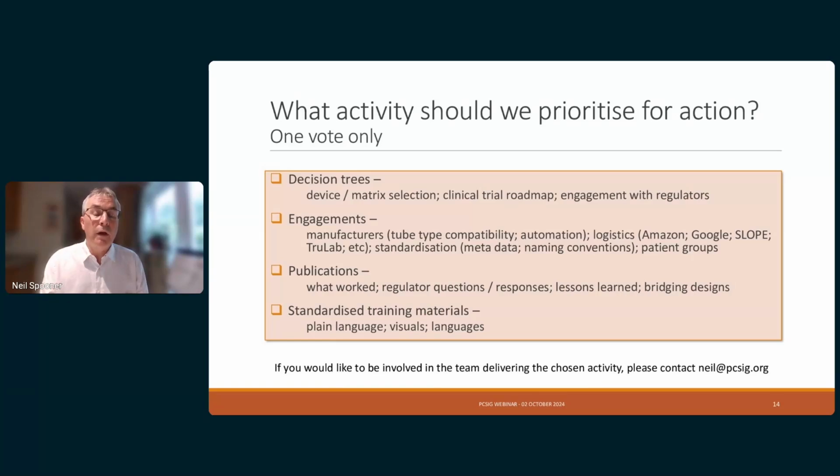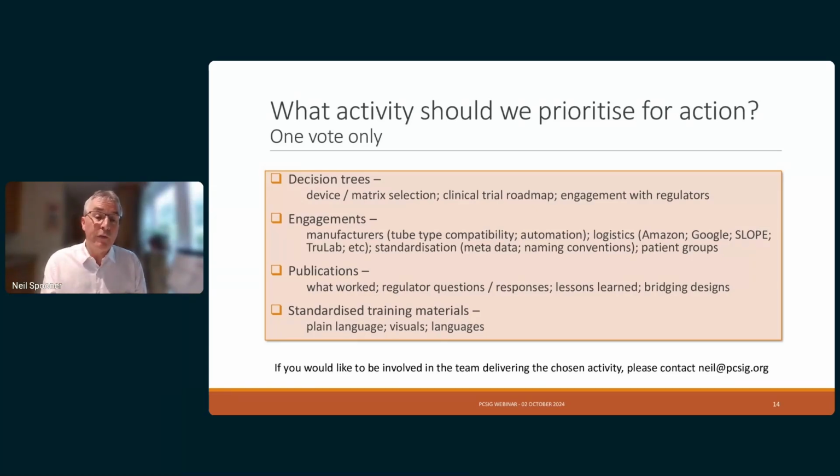The third one is on publications, people sharing their experiences of what has worked for them in patient-centric sampling, incorporating patient-centric sampling into their clinical trials, what kind of questions they've had from regulators, what kind of responses they gave, what kind of lessons they've learned, what a bridging design might look like for a bridging study, and whether it's necessary with certain designs in your clinical development program.